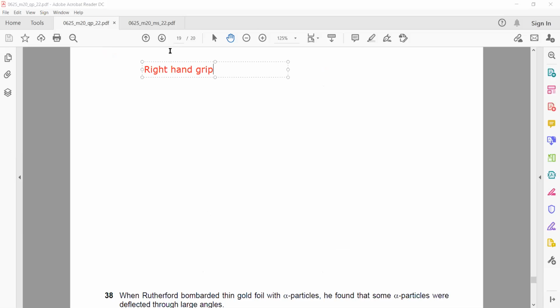The right hand grip rule is used to find the magnetic field produced due to current carrying conductors like wires.